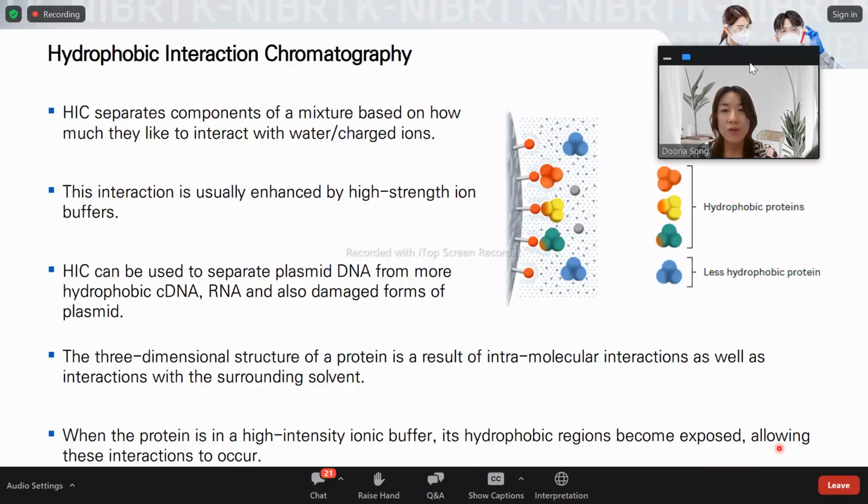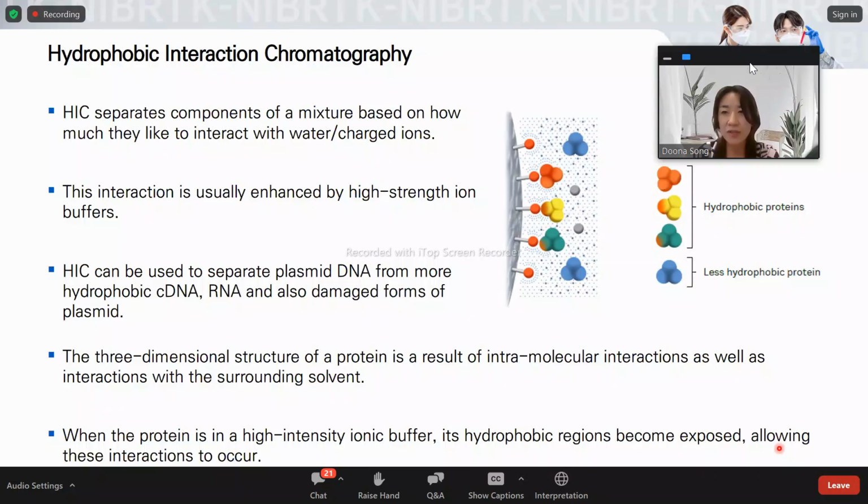But very occasionally, HIC can be used to separate plasmid DNA from more hydrophobic cDNA, RNA, and even damaged forms of plasmid DNA using flow-through mode. But in this case, other techniques like ion exchange chromatography or affinity chromatography are more commonly used.